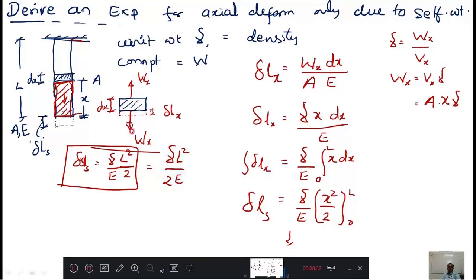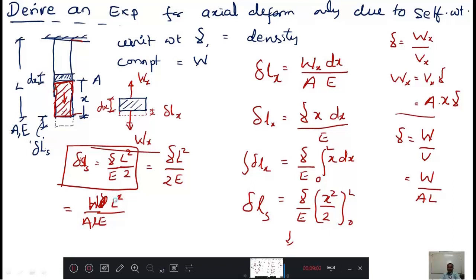Now what is gamma? If I want to convert to the entire weight, I will use the same formula: gamma equals total weight divided by total volume. Total volume is area into length. Now if I substitute in gamma L square divided by 2E, in the place of gamma I write W by AL.